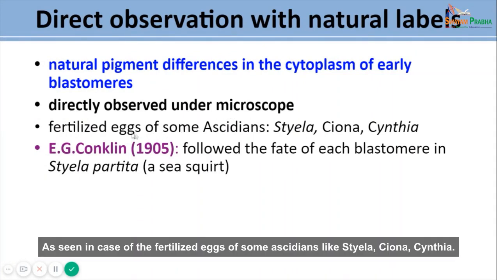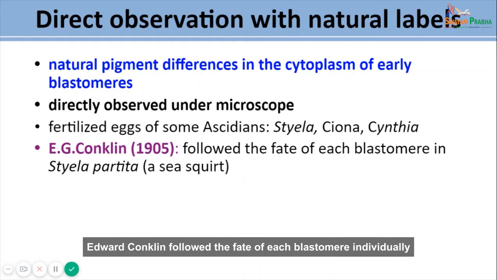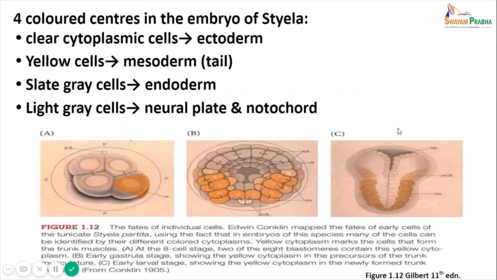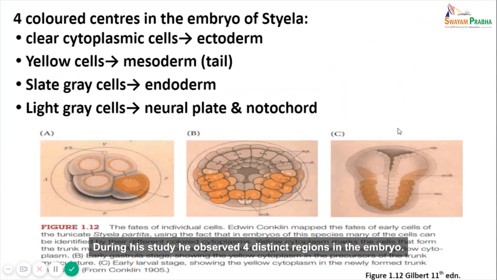As seen in the case of the fertilized eggs of some ascidians like Styela, Ciona, and Cynthia, Edward Conklin followed the fate of each blastomere individually in Styela partita, by virtue of the differences in pigment in their cytoplasm. During his study, he observed 4 distinct regions in the embryo.